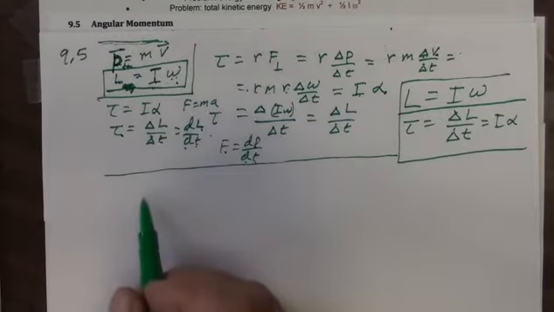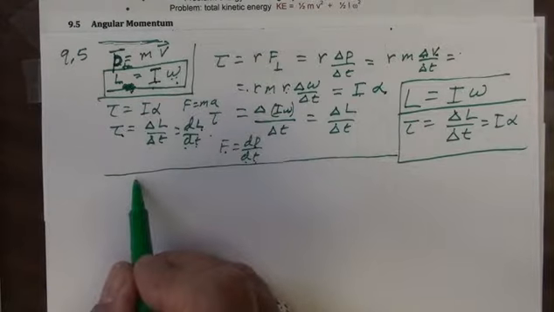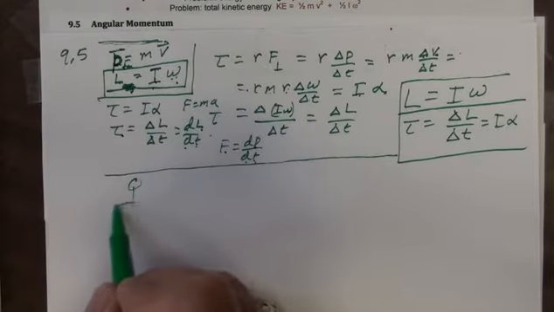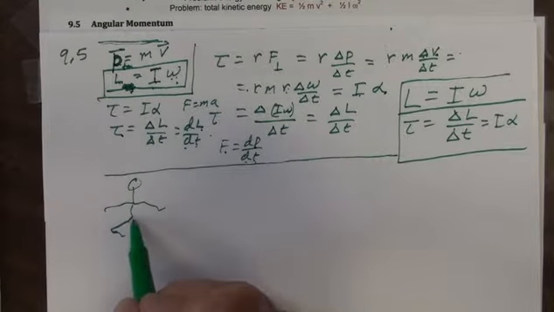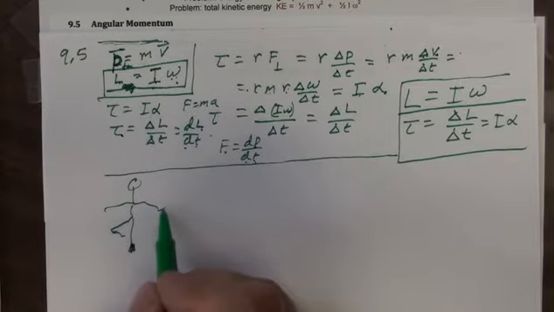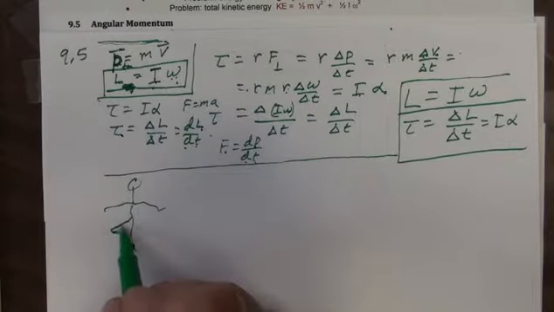One perfect example of this is a skater who spins around on one skate, one ice skate, and they spin around this point and they take their arms and they hold them out here and they take one leg and hurl it out in this direction.